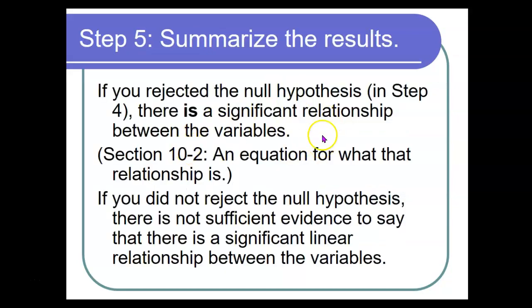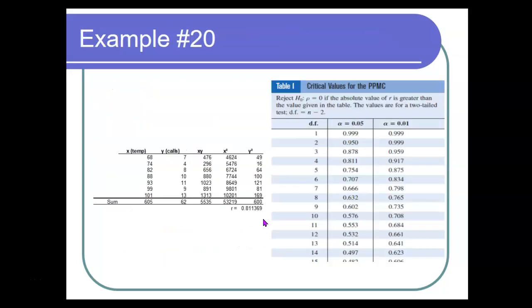And then step 5, if you rejected the null hypothesis, you can say that there is a significant relationship between the variables. In the next section, we'll talk about what to say about that relationship, how to come up with a formula or an equation. And if you did not reject the null hypothesis, there's not enough evidence to say there's a significant relationship between the variables. So here we did reject the null hypothesis, so we can say there is a positive relationship between temperature and number of calls.